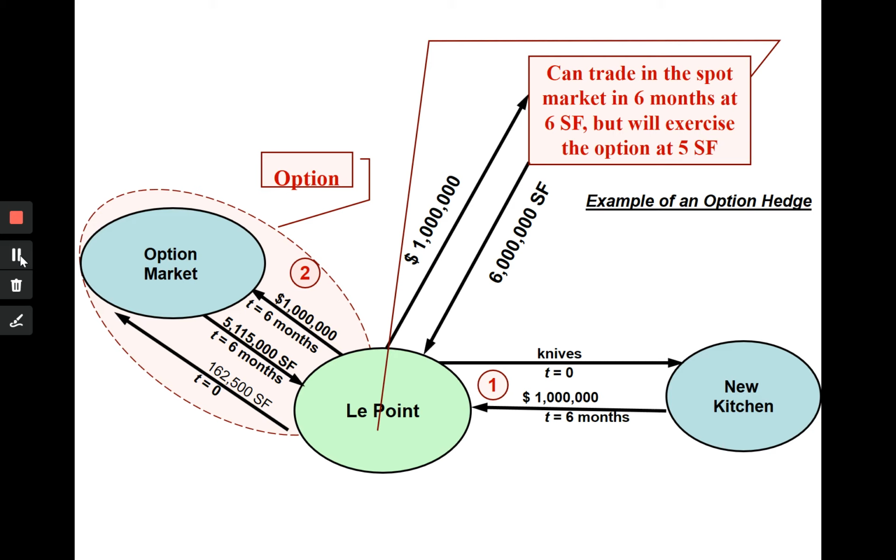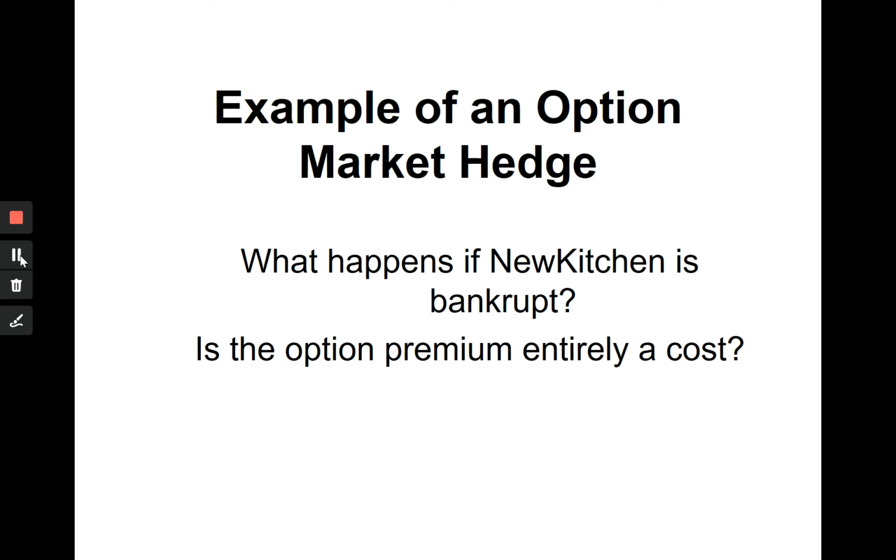When the cash flow that your customer sent you doesn't come in due to bankruptcy, an option contract still provides you hedging, does not leave you without a hedge, does not leave you with exposure to transaction risk.